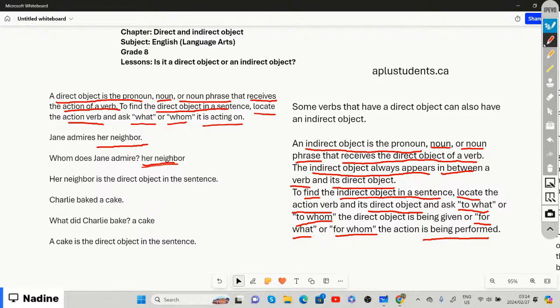So an indirect object is a pronoun, a noun, or a noun phrase that receives the direct object of the verb. And remember, we said that the direct object tells us what or whom something is acting on.